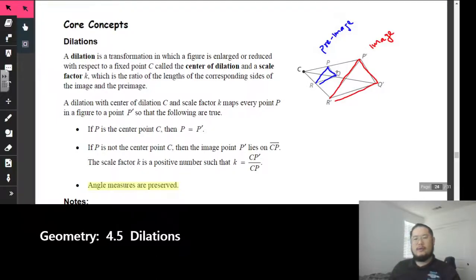So what do I see here? Well, hopefully it shows that PQR has gotten bigger, or the triangle has gotten bigger, or we say is an enlargement. So there was an enlargement right here.